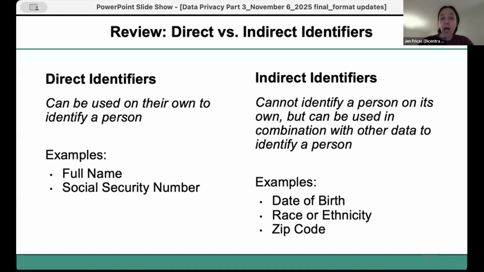Indirect identifiers cannot identify a person on their own, but they may be used in combination with other data to identify a person. Here we think about general demographic data that we collect, such as date of birth, zip code, race or ethnicity, age groups, etc. Next slide.